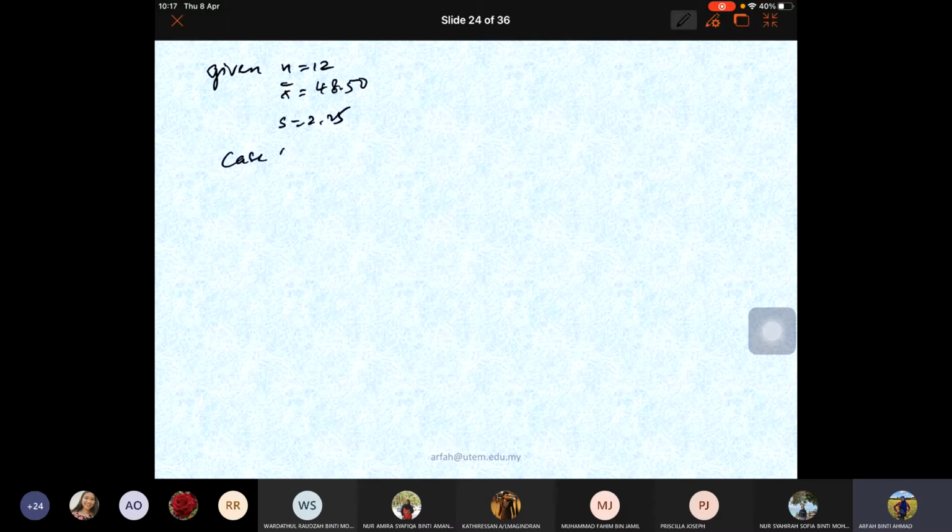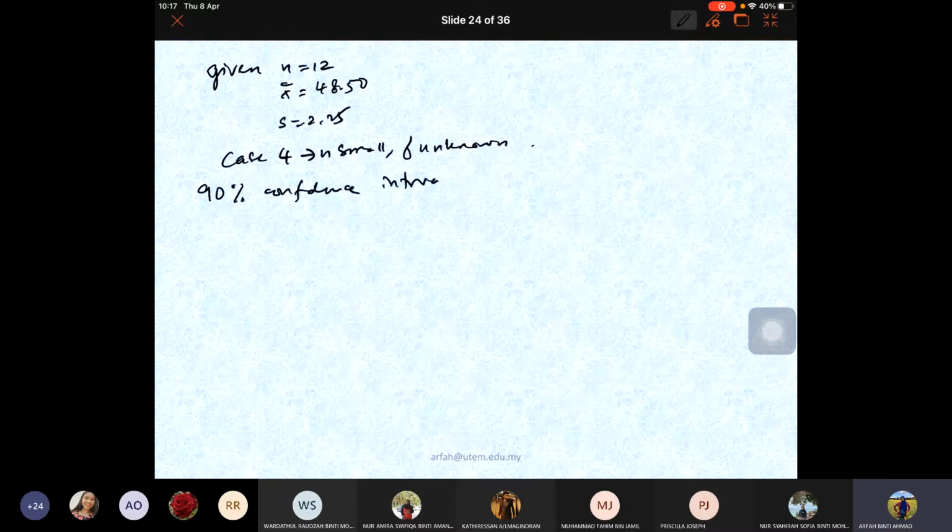This is case 4 because n is small, sigma is unknown. So 90% confidence interval for mu, you will make use of this formula x bar plus minus t alpha over 2, n minus 1, s over sqrt of n.